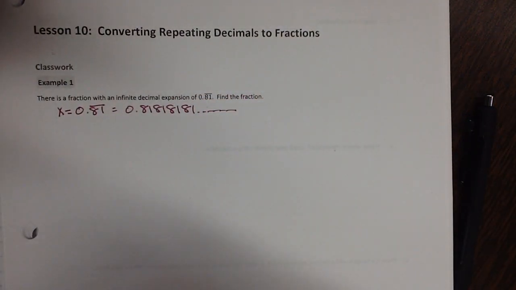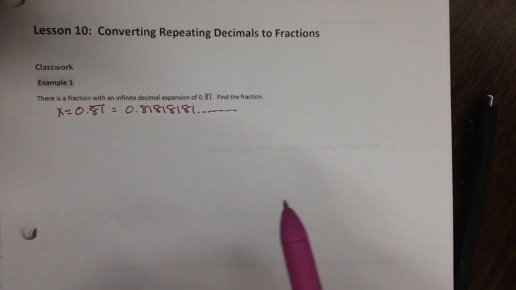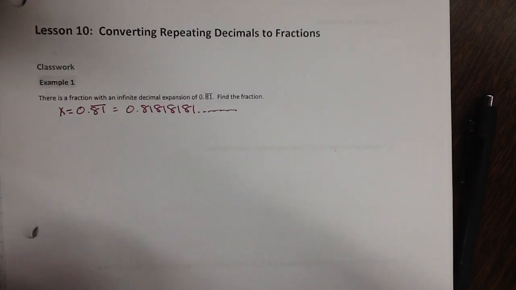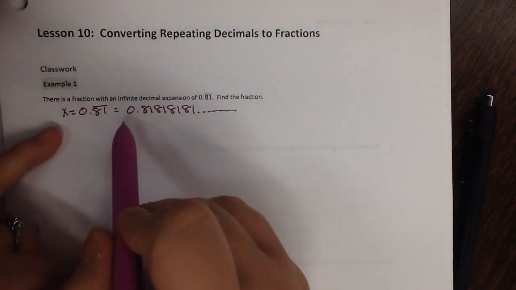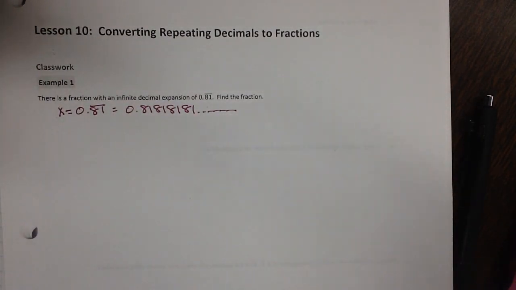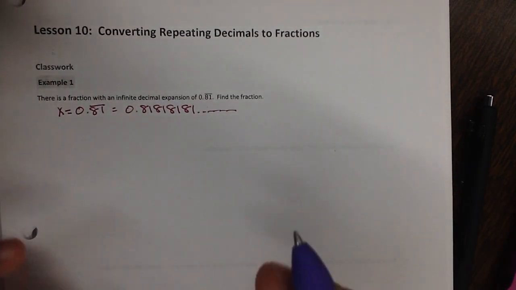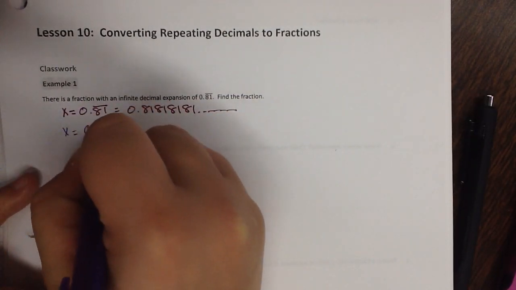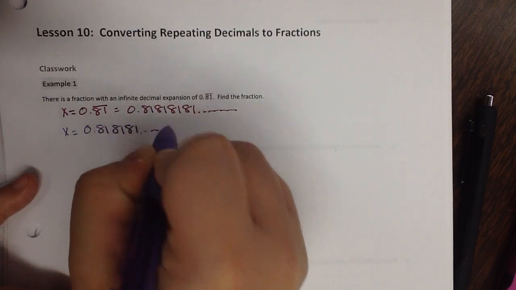Okay? So, like we did in the example before, we're going to multiply x by some powers of 10. So x equals 0.818181 repeated.